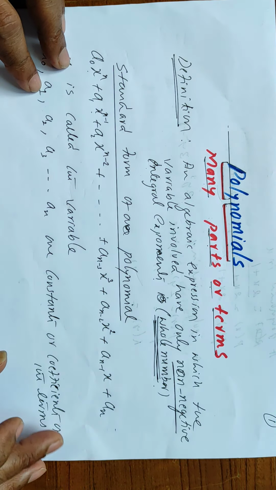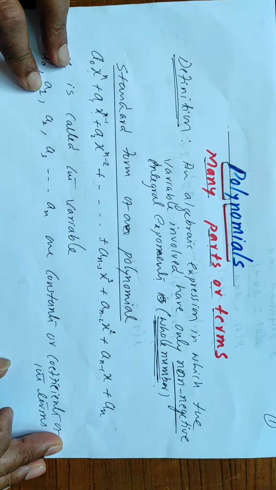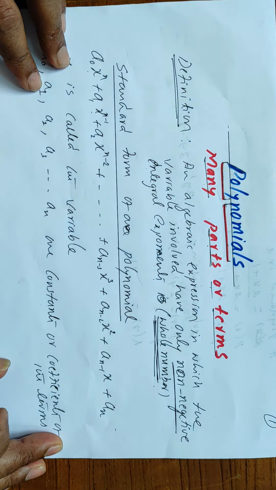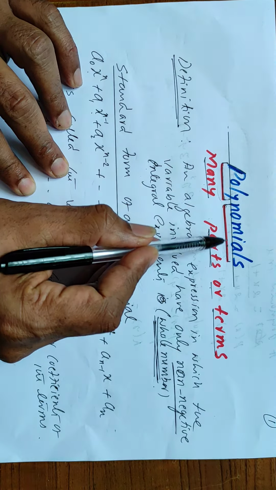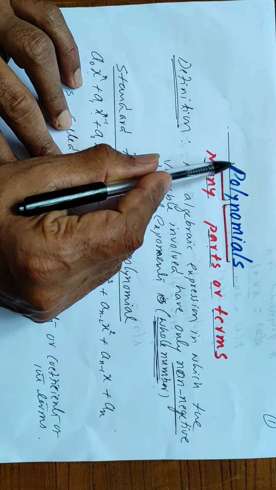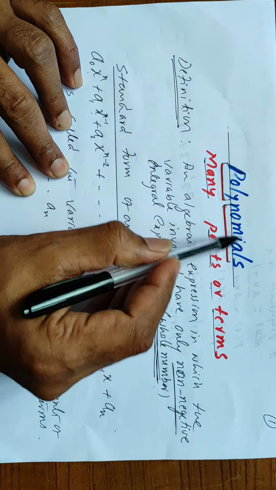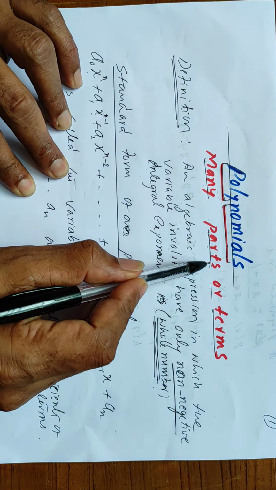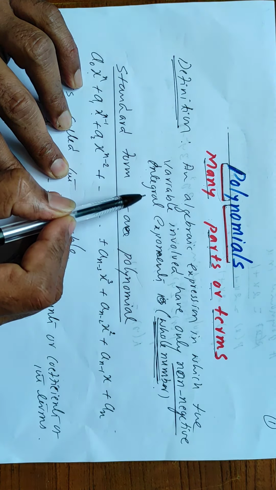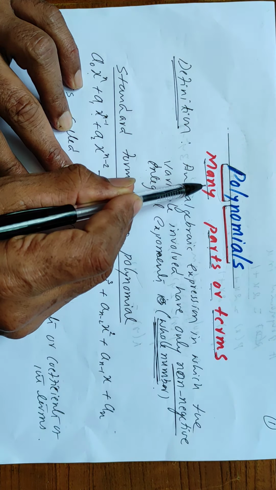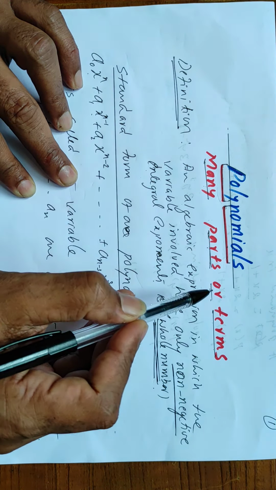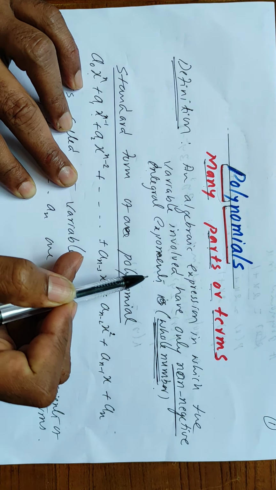Dear students, today let us take up the second chapter in mathematics, that is polynomials. Observe the word polynomials. Here, poly means many, nomials means parts or terms. So polynomial is nothing but an algebraic expression with many terms.